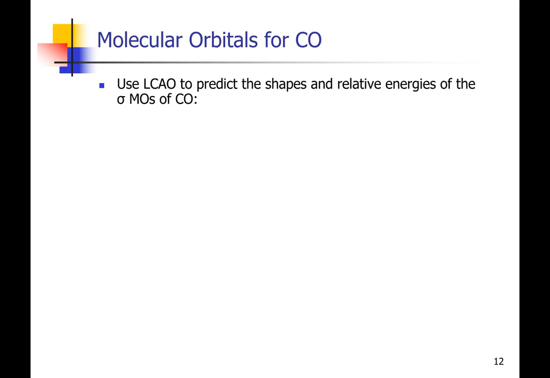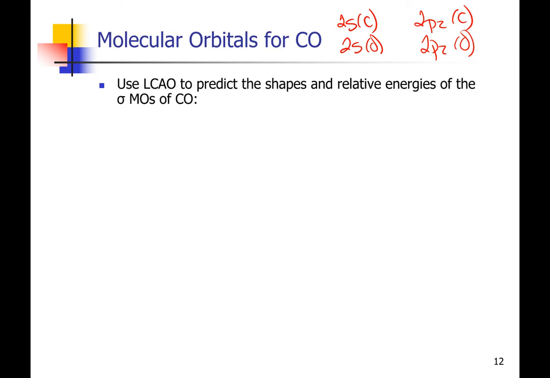Now we want to take our sigma symmetric atomic orbitals and combine them to make sigma symmetric molecular orbitals. So we are combining 2s on carbon, 2s on oxygen, 2pz on carbon, and 2pz on oxygen. And that is going to give us a total of 4 sigma symmetric molecular orbitals.